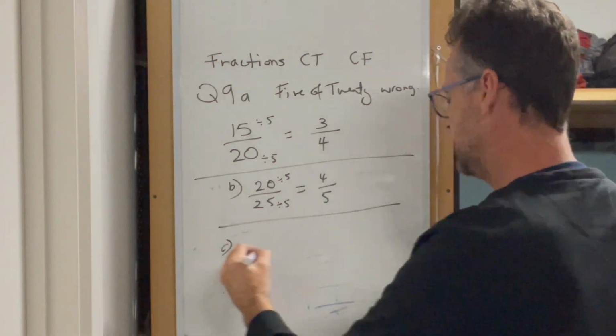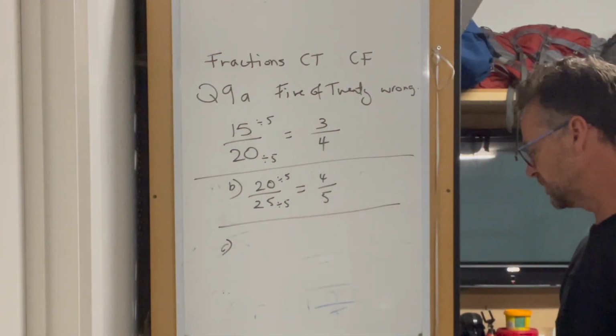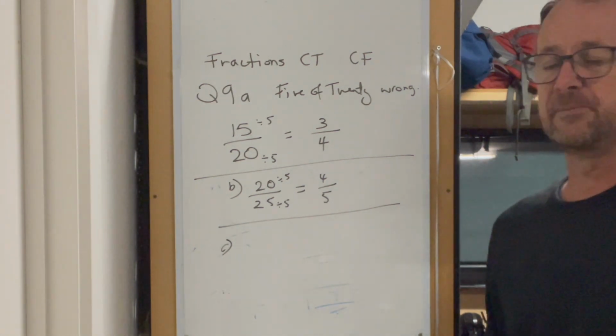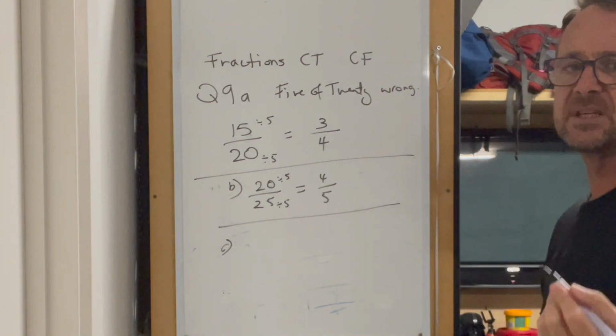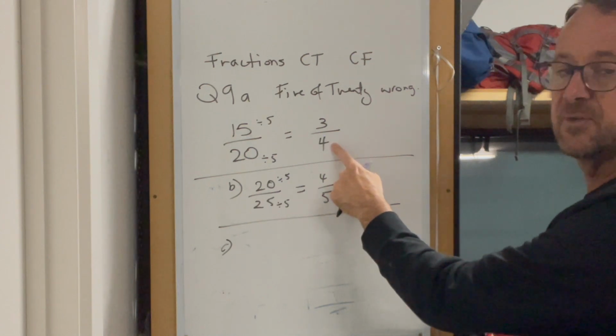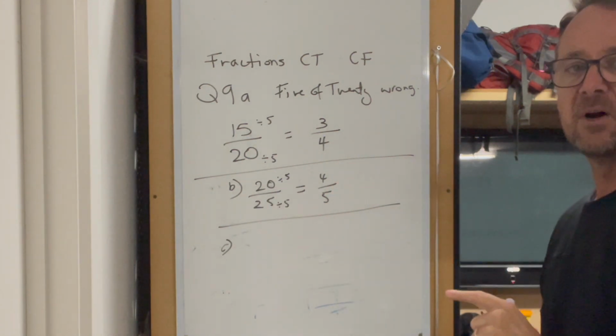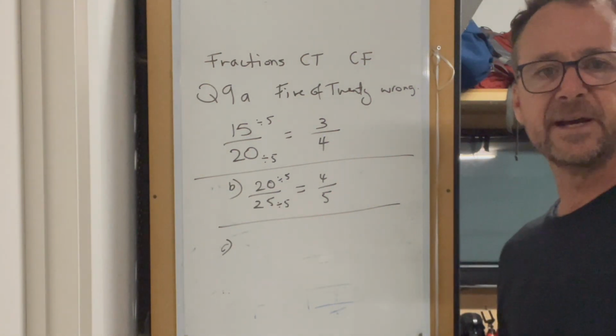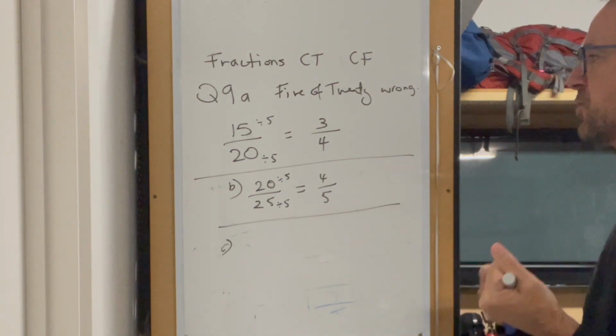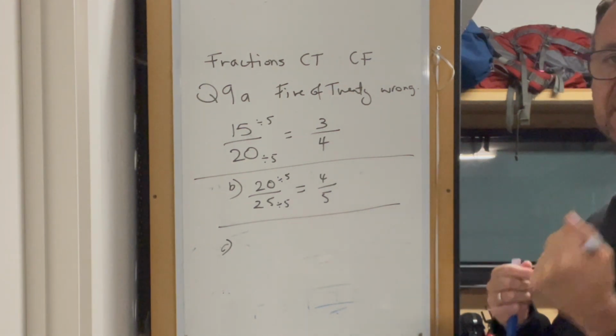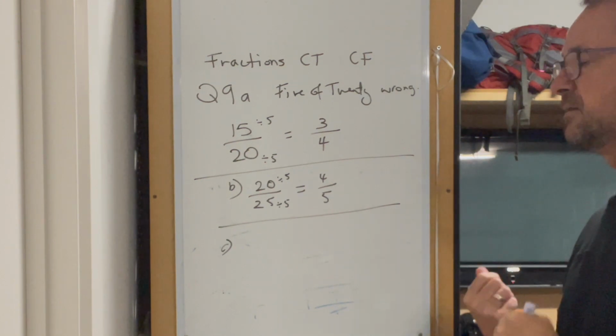Question C then says, which one did she perform better in? When you look at this, you've got a denominator of 4 and a denominator of 5, so this is a common denominator question. Is 3/4 less than, equal to, or greater than 4/5?